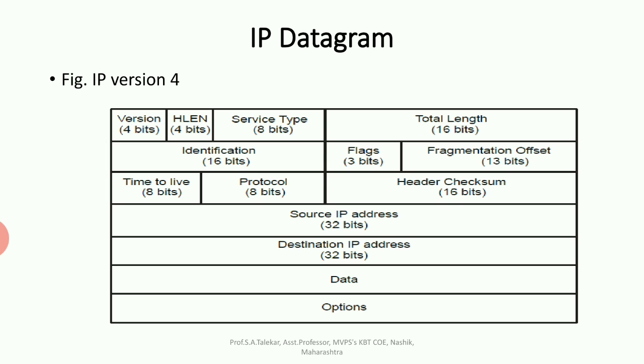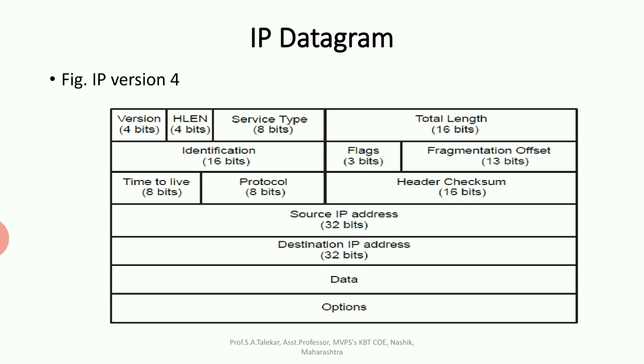Then service type, in some books referred to as TOS or DSCP. The differentiated service code point, DSCP, specifies the service quality to be accorded to the IP packet. In some books the name is described as TOS, type of service. The meaning of both is the same.